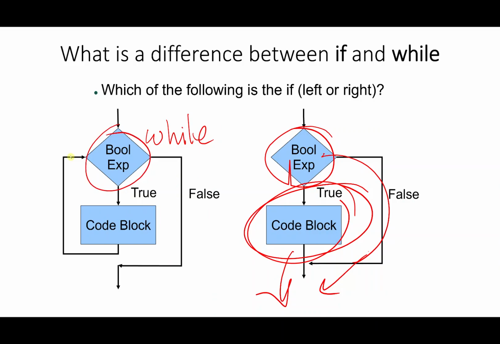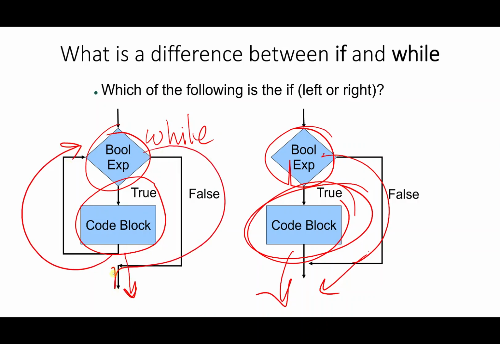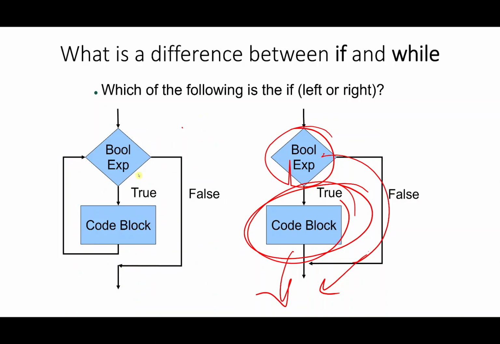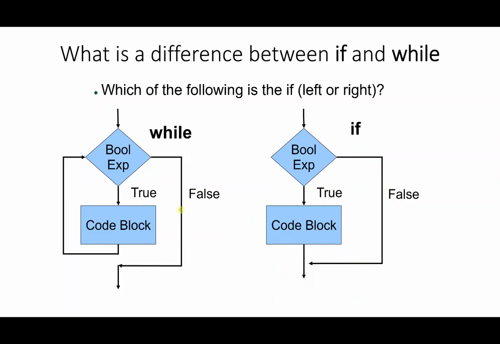Is it actually true? Yes. Do that. Do not continue your code. Go back to check the Boolean expression again. If it's false, skip this code and continue doing your code. See that? This is why we call it a loop, because it's stuck in here until this one becomes false. So this is the while and this is the if.